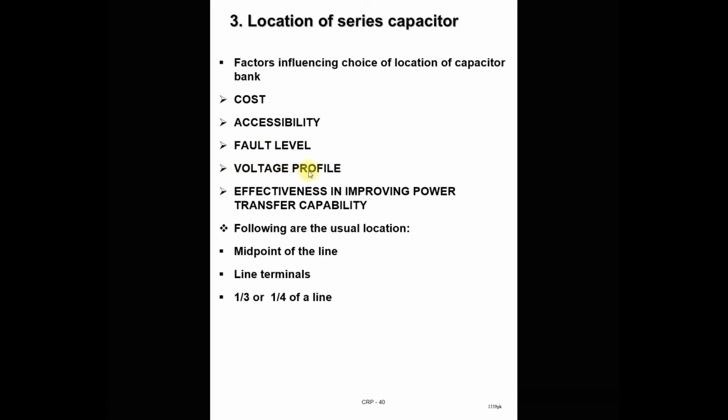The voltage profile is also affected by the location, and the effectiveness in improving the power transfer capability of the transmission line is also affected by the location of the series capacitor.